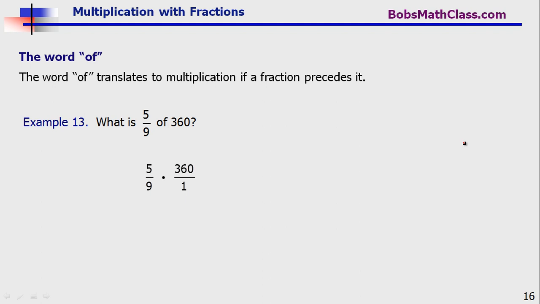So 3 plus 6 plus 0 is 9, and 9 goes into 9, so 9 will actually go into 360. We'll perform that division on this side, and you should get 9 goes into 360 40 times. So 5 times 40 is 200. So 5/9 of 360 is 200.